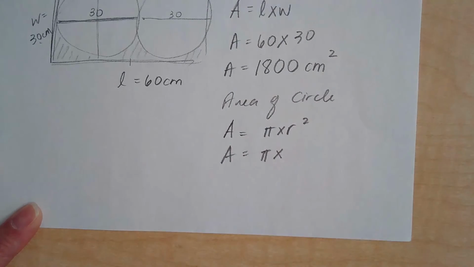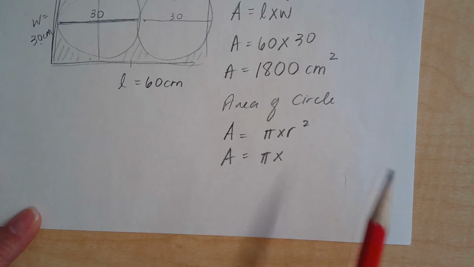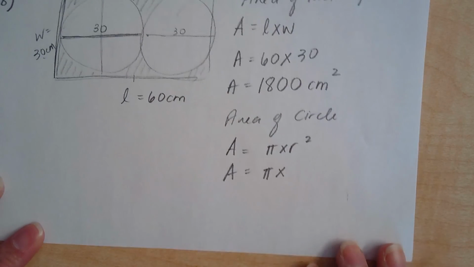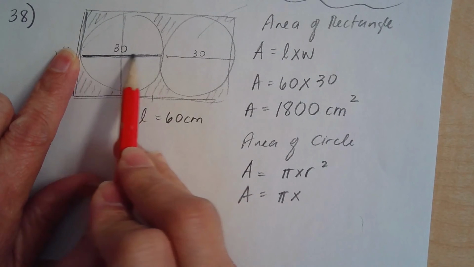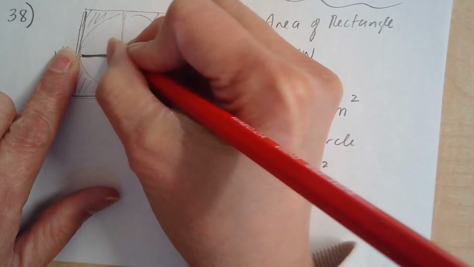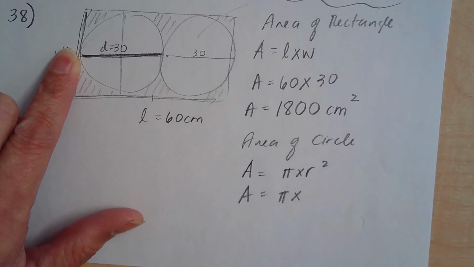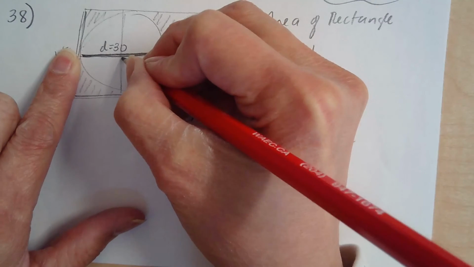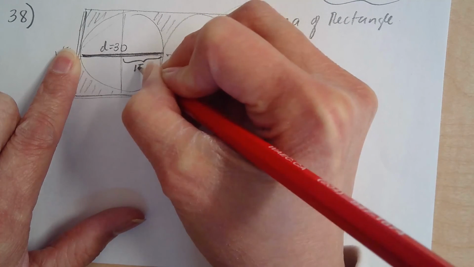Okay, well, what's the r for this? We said from here to here is 30. That is the diameter, and we want to know what the radius is. Radius is from center to the edge. So that's going to give us 15.